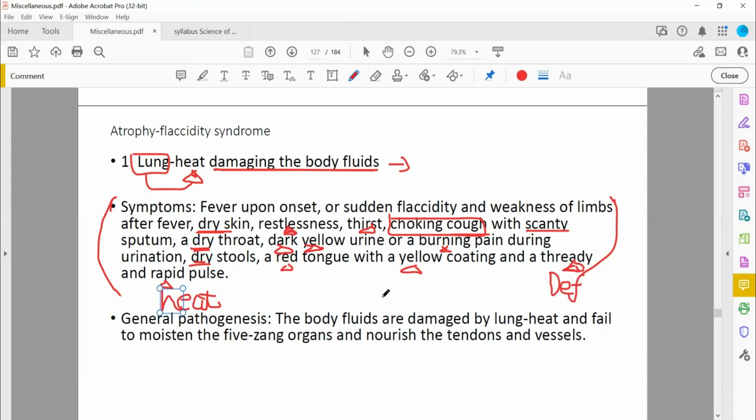If it is yin deficiency, you will see five center heat, night sweats, tidal fever, flushed cheeks. But this one has a deficient heat because the body fluid is damaged. Yin fluid deficiency.